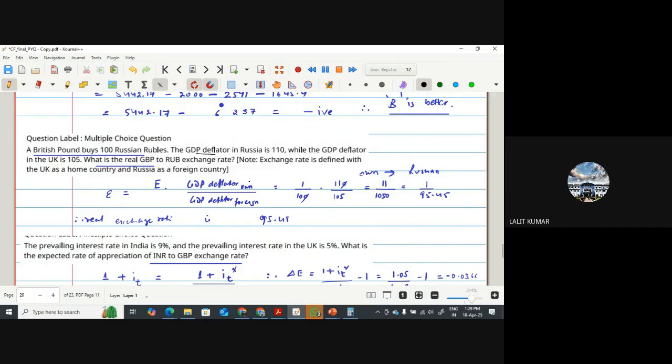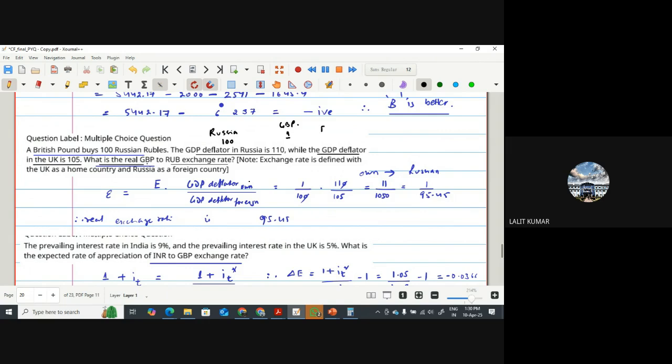The GDP deflator in Russia is 110. The GDP deflator in the UK is 105. What is the real Great Britain to ruble exchange rate? Just like India and USA, here Russia is here and Great Britain is here. Great Britain can purchase 100.